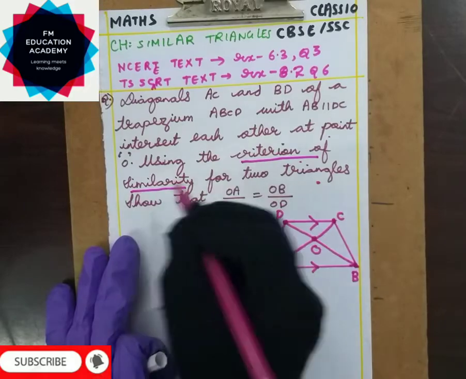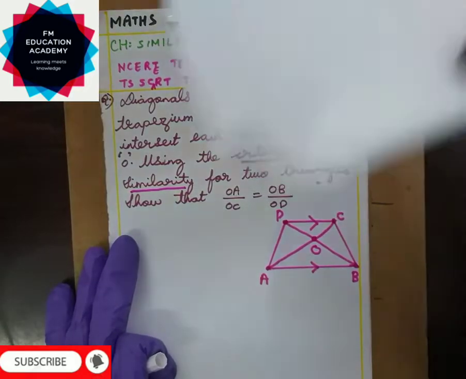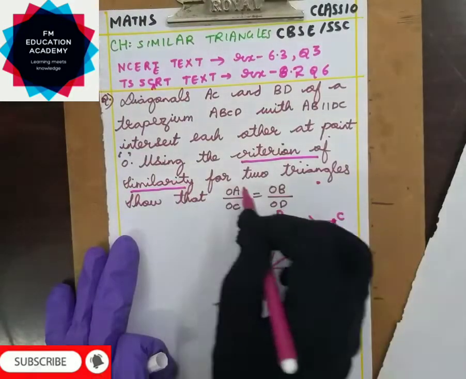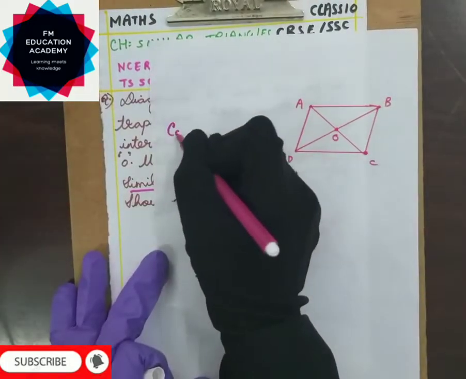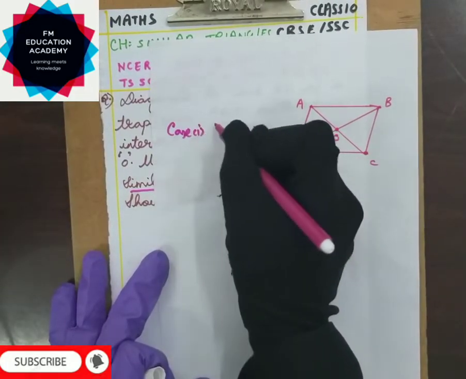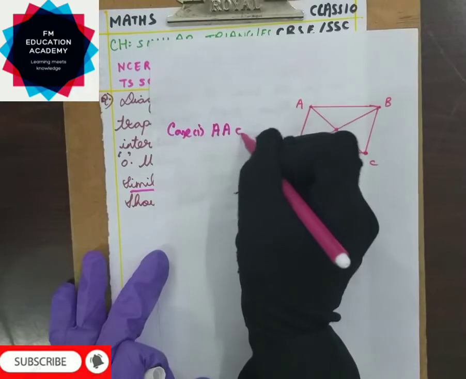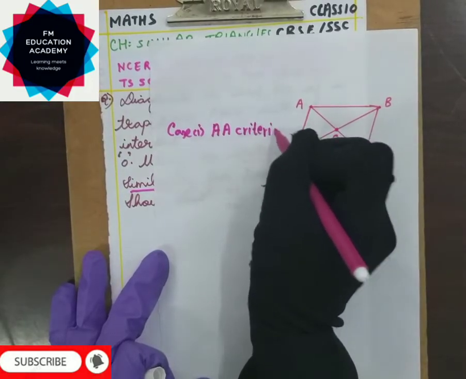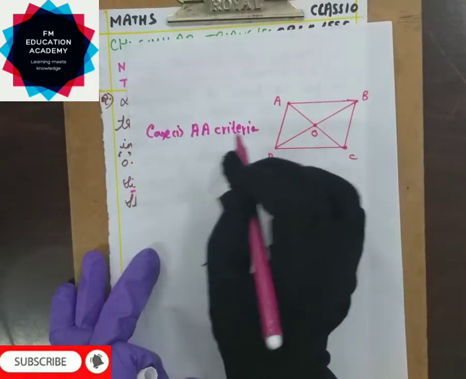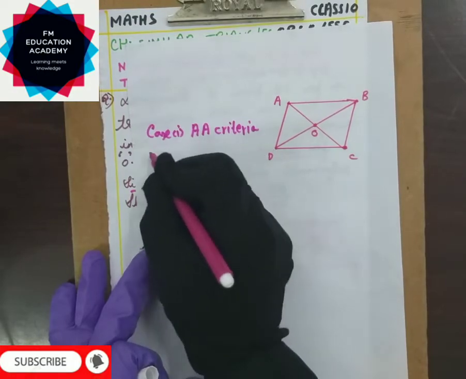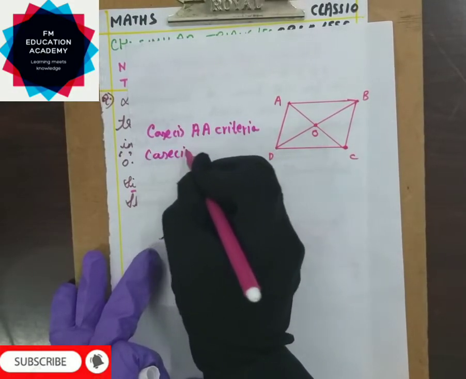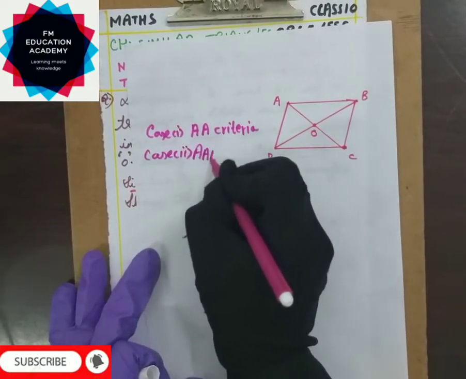Criterion of similarity means we know that there are four similarity criteria for triangles. One is the angle criteria of similarity, in which when two angles of two triangles are equal we can say that the triangles are similar. Then other is when all the three angles are equal.